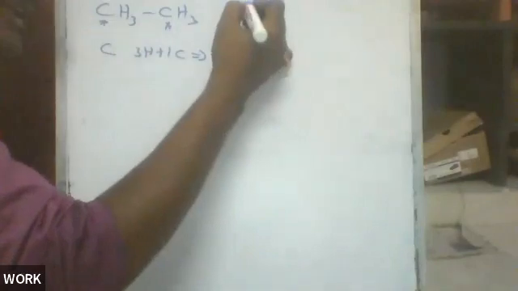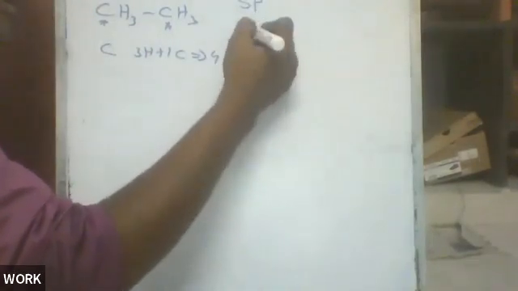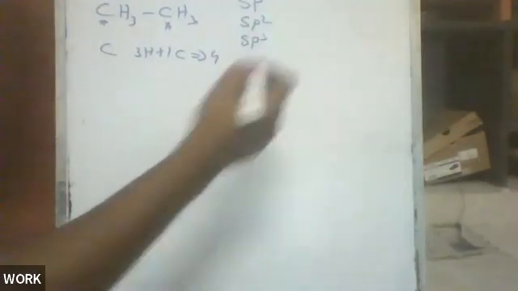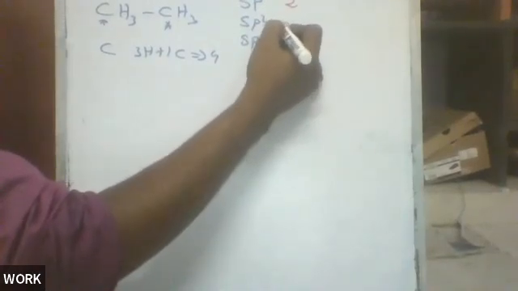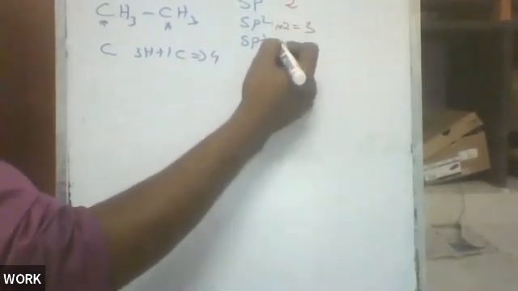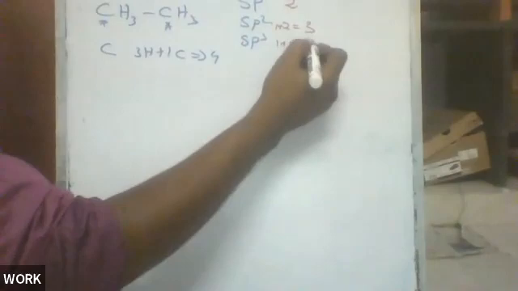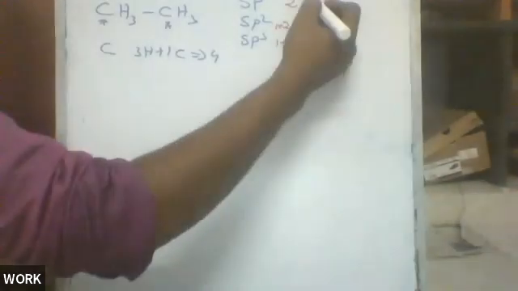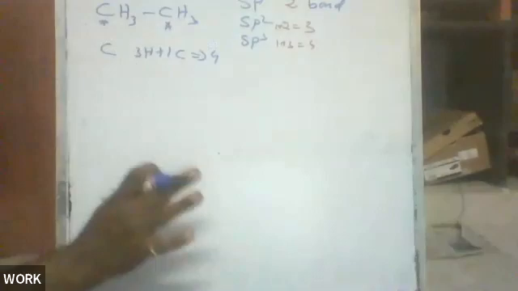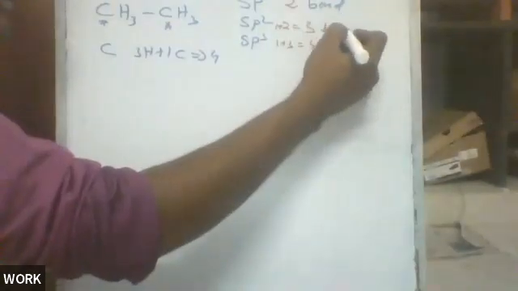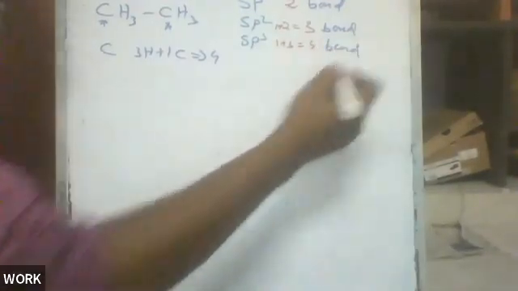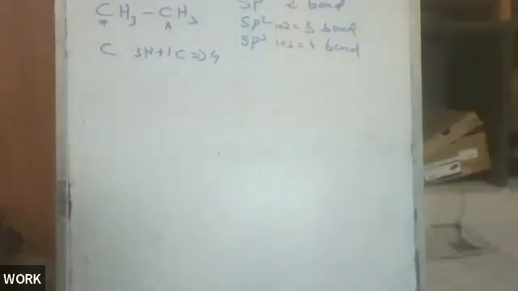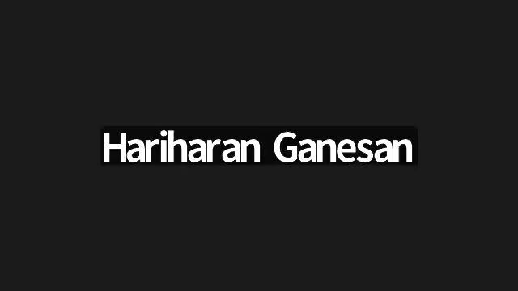Please remember, in organic chemistry you have sp, sp2 and sp3. That means 1 plus 1 gives 2, 1 plus 2 gives 3, 1 plus 3 gives 4. So if there are 2 bonds around the central atom, it's sp. 3 bonds around the central atom, sp2. 4 bonds around the central atom, what is it? It is sp3, sir.